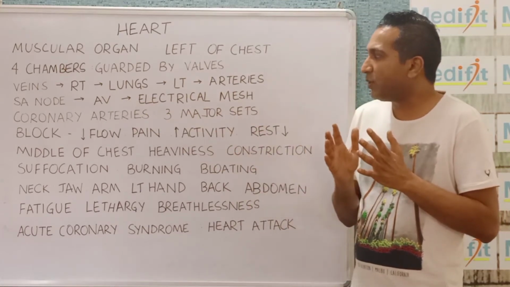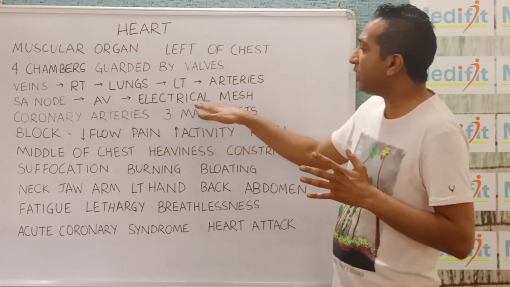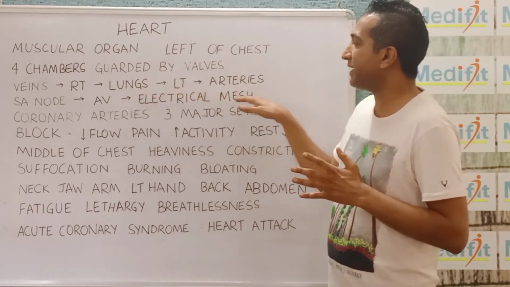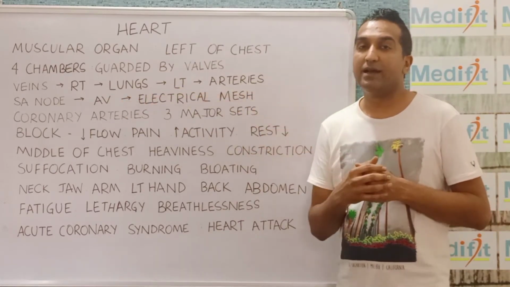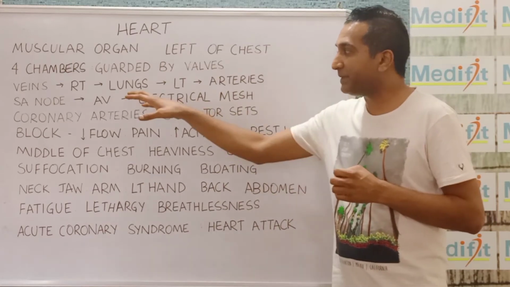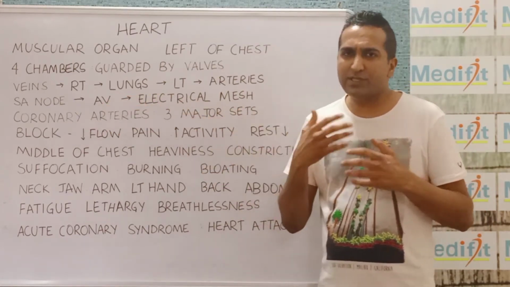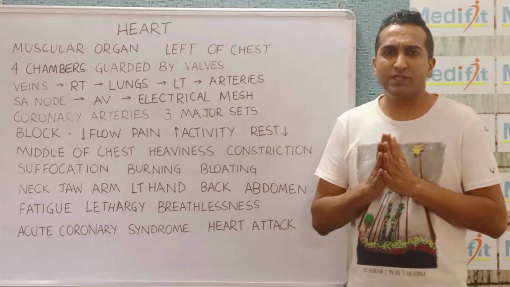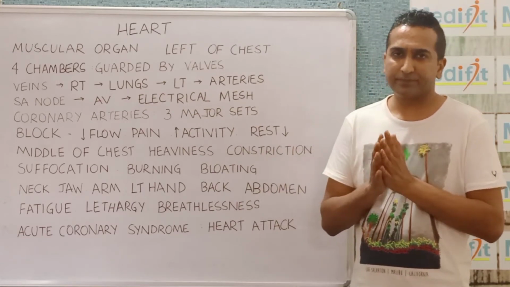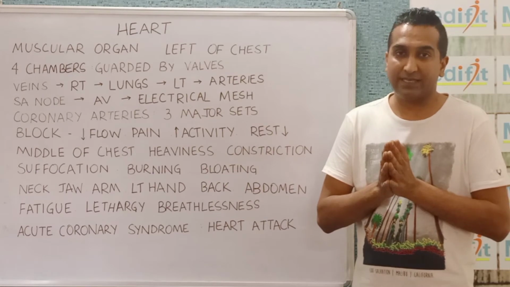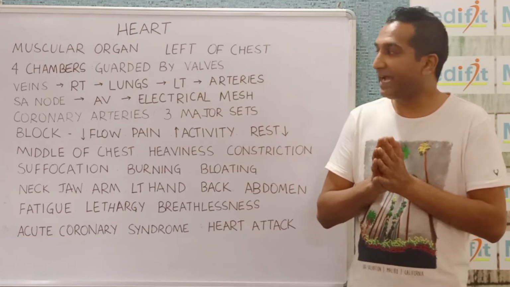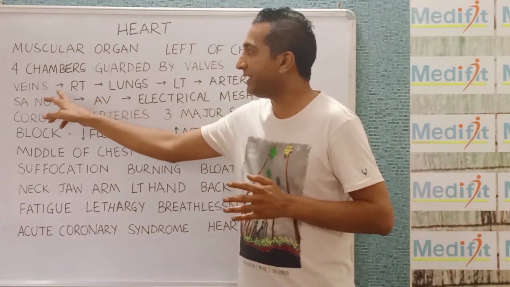The current holds here a little, and then it is supplied all over through an electrical mesh to the muscles of the heart. This happens in a synchronized fashion. The SA node is also responsive to our needs. So when the oxygen demand increases, the heart beats faster to meet this oxygen need, and that job is done by the SA node.